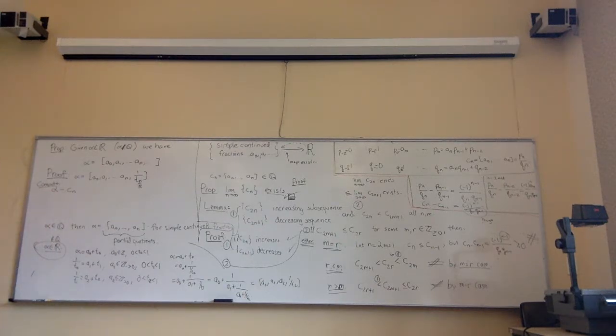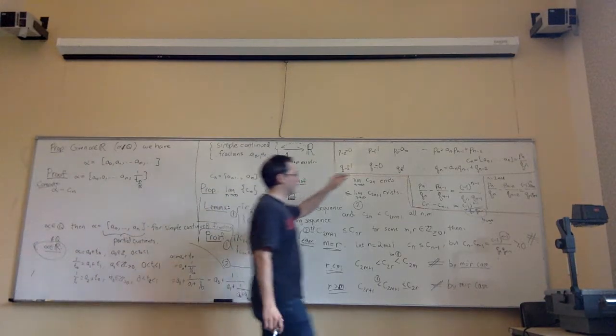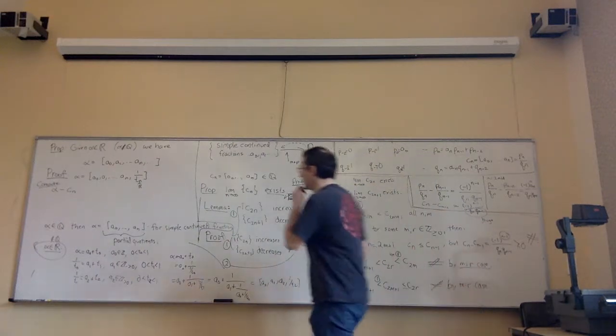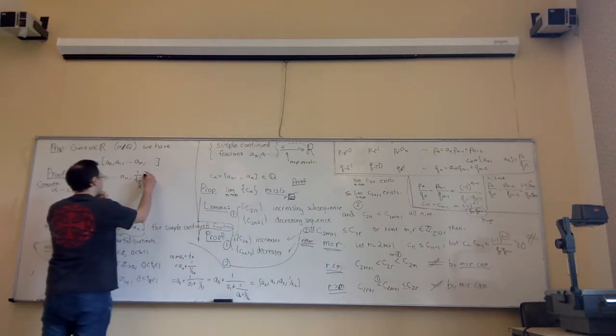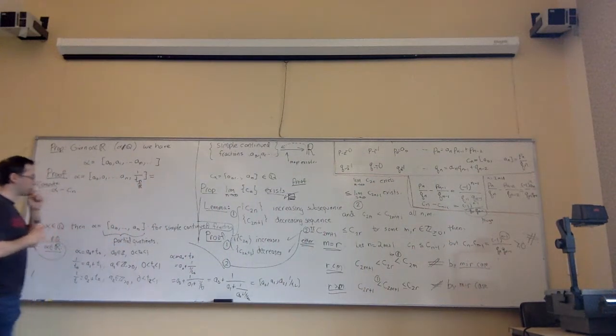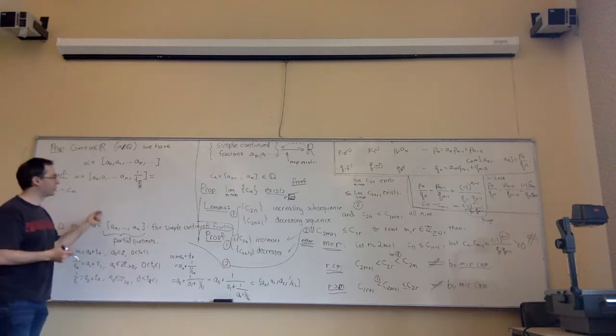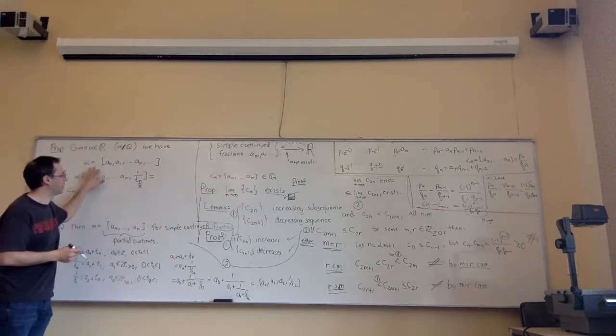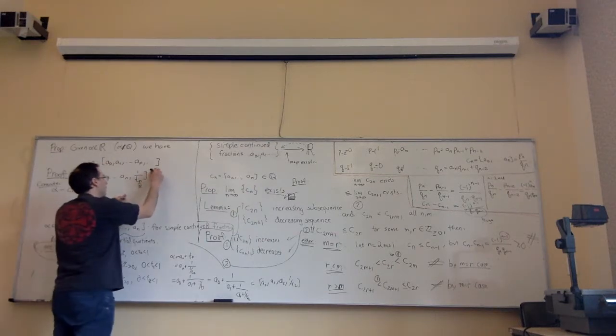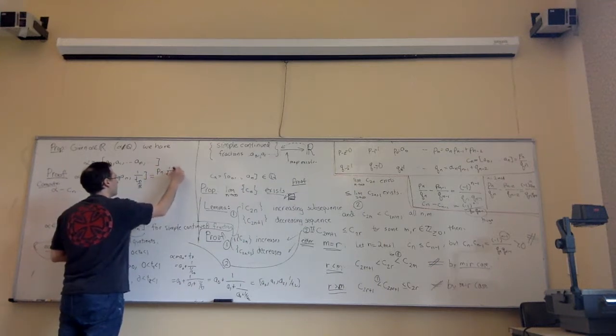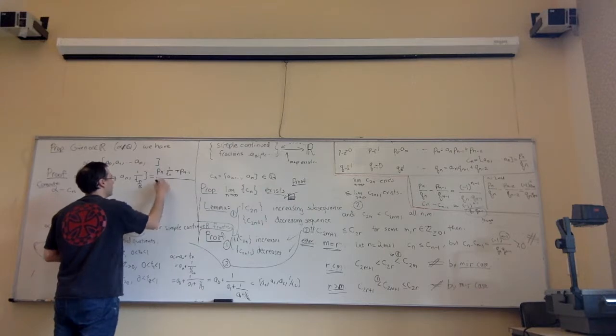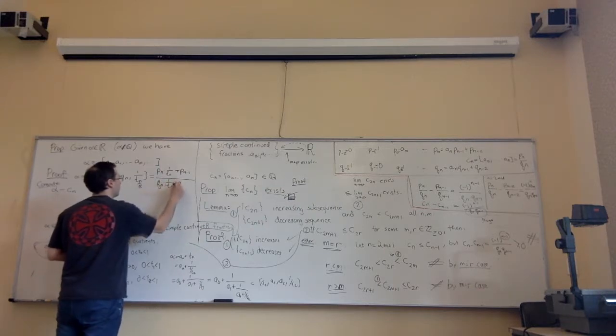The way to compute this is to use the definition of the p sub n's. So this is equal to p sub n plus 1 over q sub n plus 1 for this continued fraction. So p sub n plus 1 would be pn times the last thing, 1 over tn, plus pn minus 1, divided by qn times the last thing, 1 over tn, plus qn minus 1.